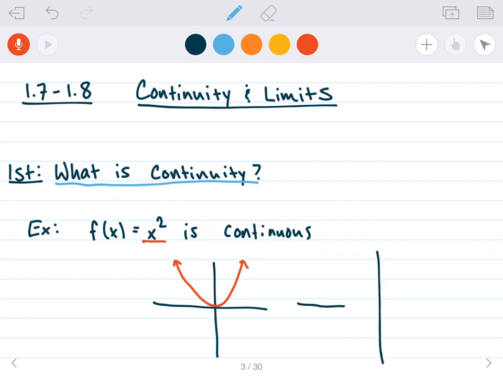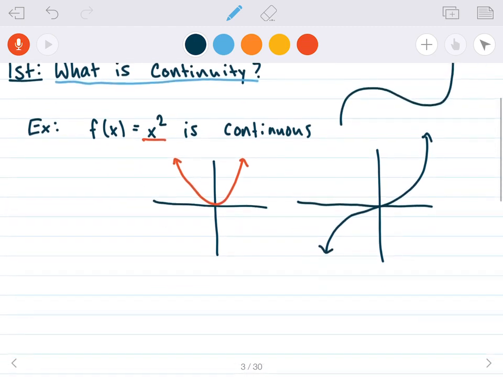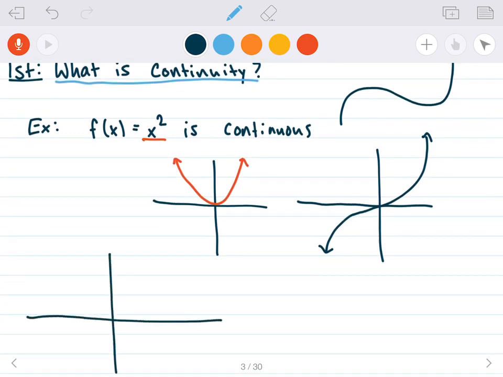Likewise, we could have something like this. This is continuous. Could have something like this. That's continuous. But something like this, maybe we have a graph that looks like this.